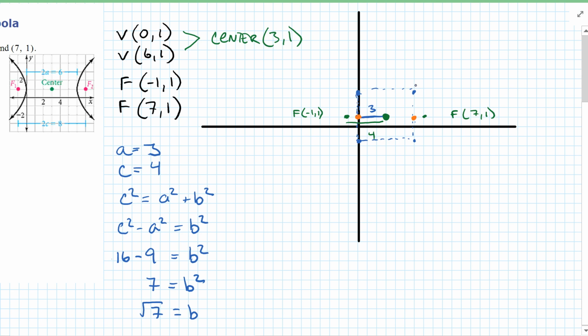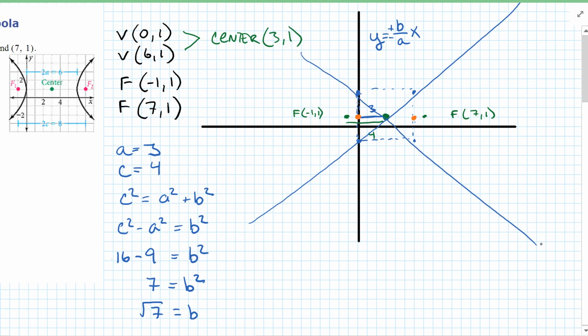Okay, now I can draw my asymptotes, and y is going to equal, since the B values are horizontal or vertical, it's going to be plus or minus the B over A values x. So I'm going to use the blue I have, and I'm going to draw the asymptotes. I'm just going to do it really quickly. I'm not looking for perfection right now. I'm just trying to get it on the paper.